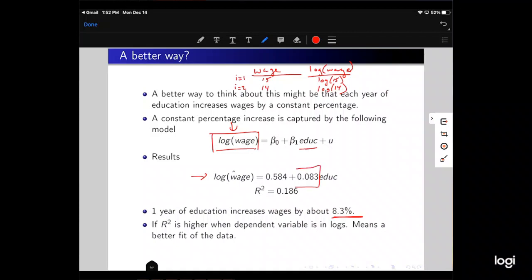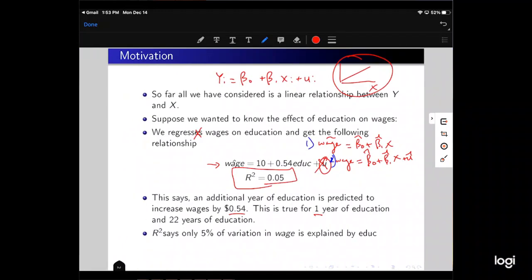So that's how we're interpreting this beta 1 hat coefficient, the slope coefficient. This is a constant percentage, meaning that, like on the previous slide, we said at 1 year of education and 22 years of education, an additional year of education would increase wages by 54 cents per hour.